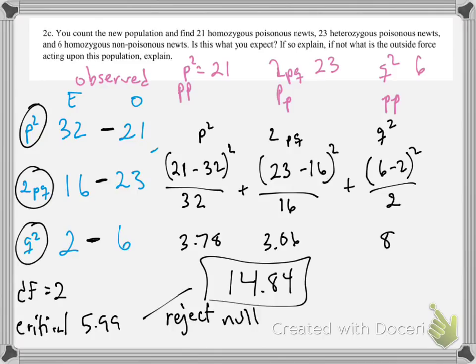You would have to watch multiple more generations to see, does this population go back to being more poisonous, or does it evolve in a different direction? Because right now, if you look, that number 6 is suggesting that 6 of those individuals are non-poisonous. Well, if poison is a large enough advantage, you would expect that number of 6 to fall back quite quickly because those non-poisonous newts would be eaten.